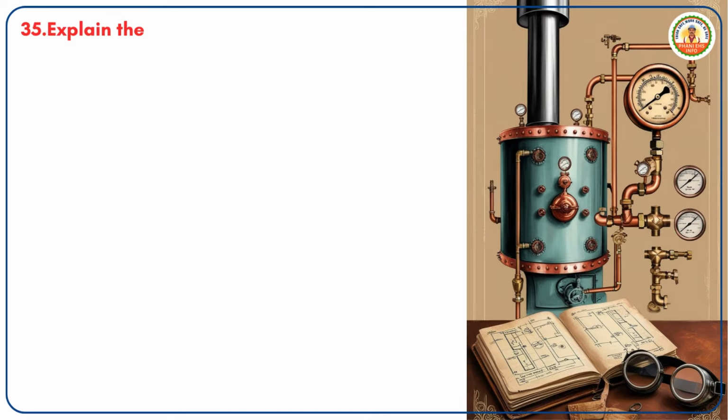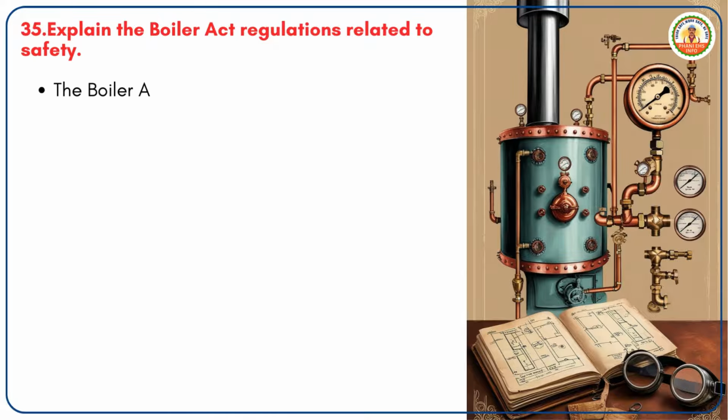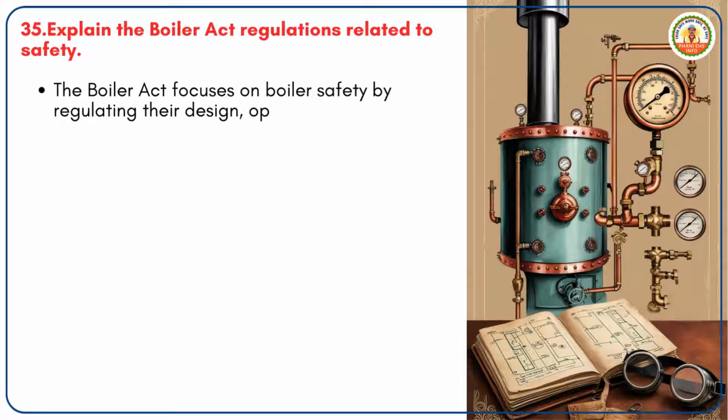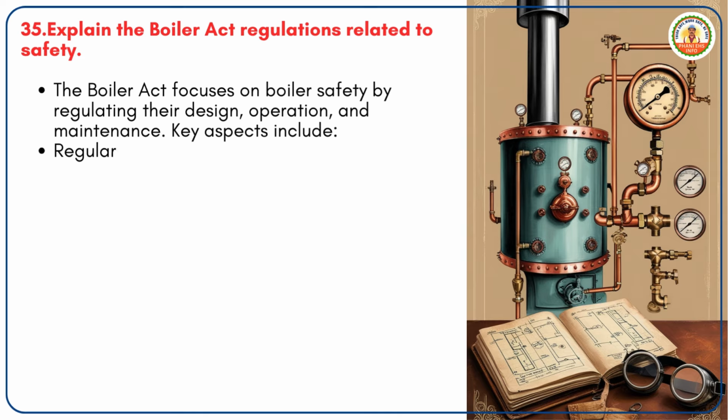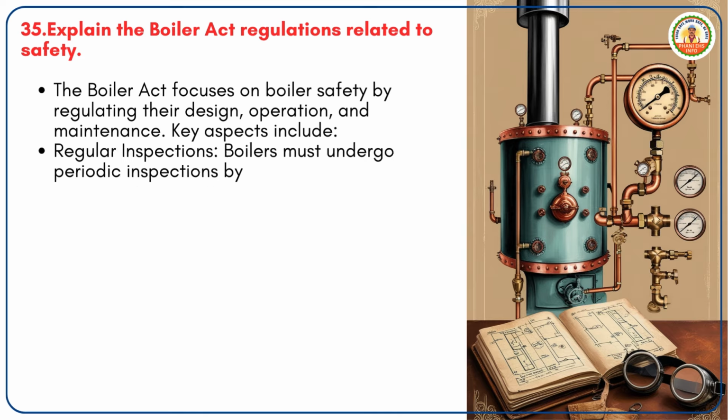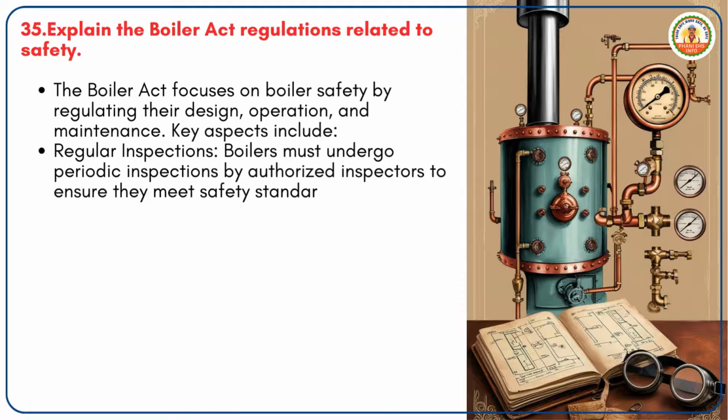35. Explain the Boiler Act regulations related to safety. The Boiler Act focuses on boiler safety by regulating their design, operation, and maintenance. Key aspects include regular inspections. Boilers must undergo periodic inspections by authorized inspectors to ensure they meet safety standards. Certification.